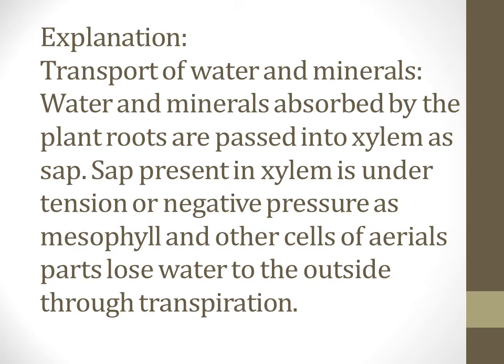You remember in the beginning I told you, when transpiration occurs, a low pressure area is created in the leaves. So in order to cover up for that low pressure area, high pressure is created in the xylem vessel, and in that high pressure more water is there. So automatically water from the higher pressure is pushed into the lower pressure.